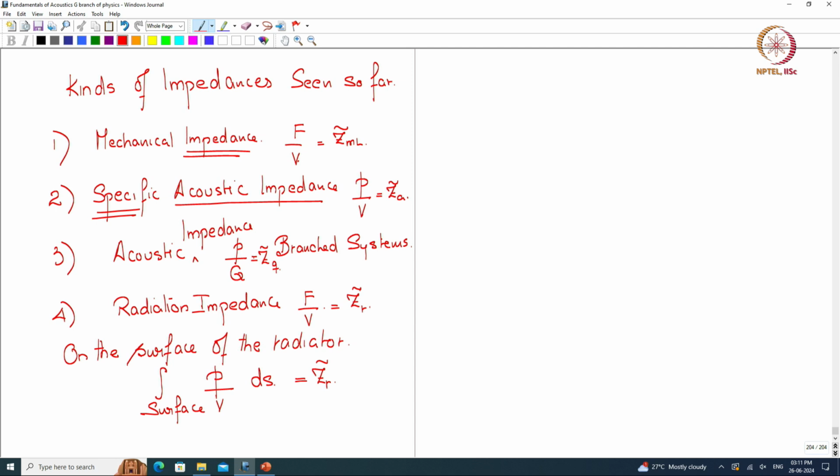So what does it tell us? It tells us how the radiator surface sees the medium that it's driving, mostly air.